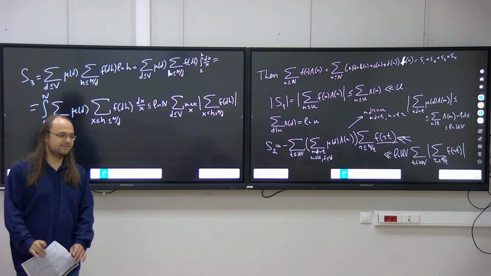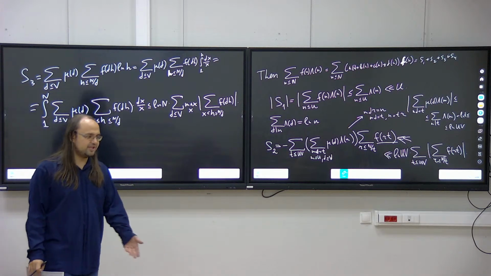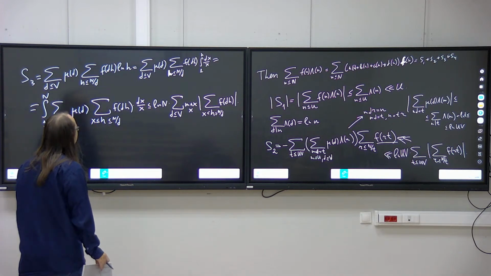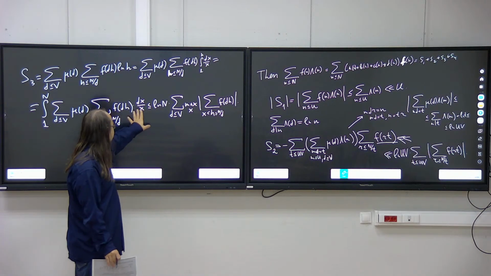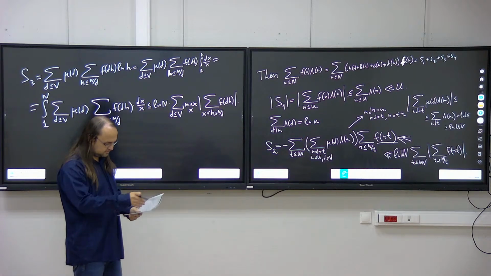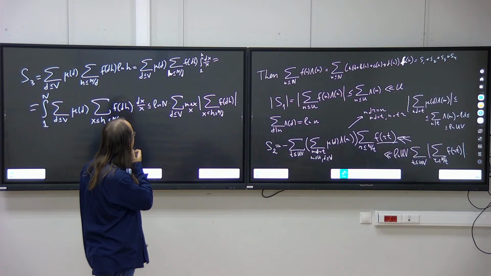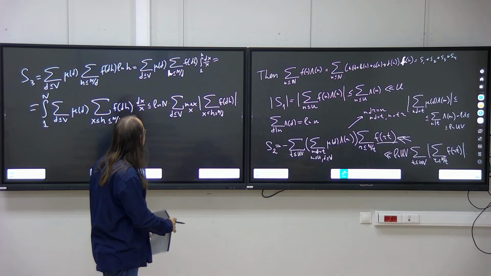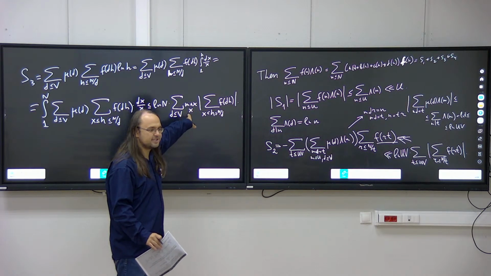Correct? So for fixed d, you estimate mu of d by 1, then you estimate the integral by log n, and then you estimate the sum by its maximal value. We need to take the integral out to do this. Yes, of course, because why else do you get the maximum over x?